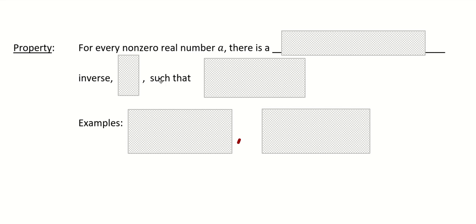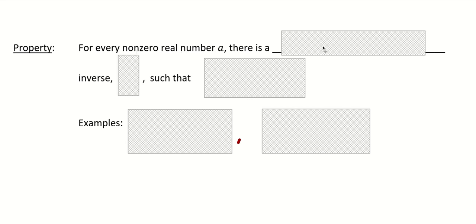Remember, irrational gets really crazy, like square root of 2, with those never-ending, non-repeating decimals. But anyway, for every real number that's not 0, we're going to call it A, a general variable to describe any potential real number that's not 0.